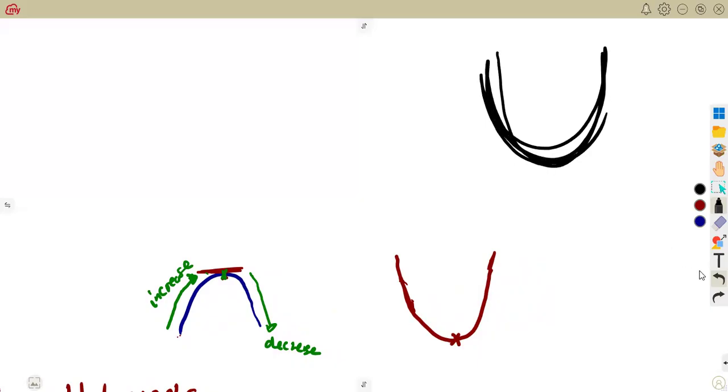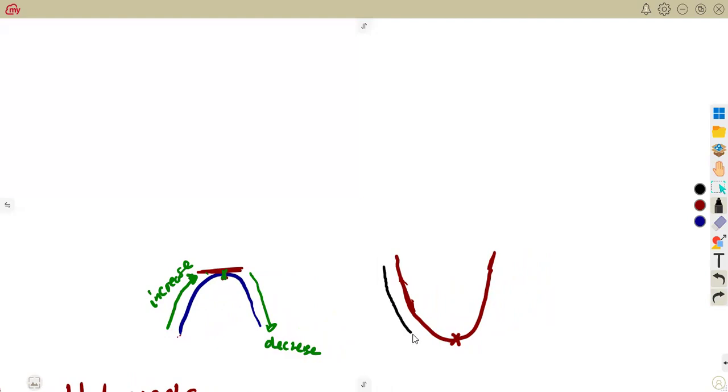You still remember those concepts. You will be going down to a certain point where you're only left to go up. So going down is a decrease, and going up is an increase. This is the concept of increase and decrease of graphs when it is not linear.